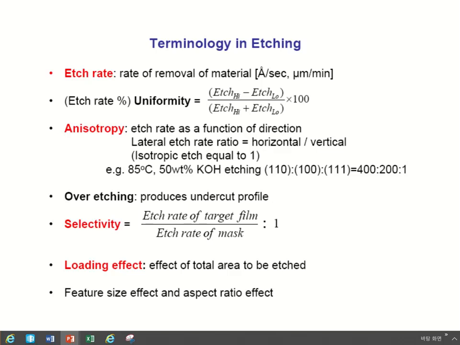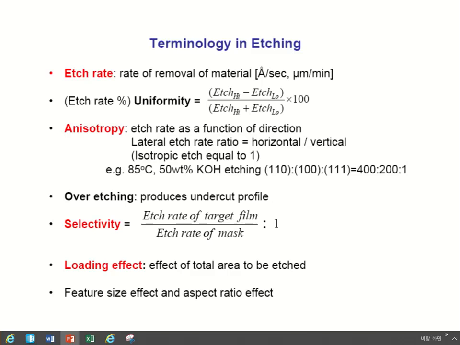Okay. Loading effects, effect of total area to be etched, because of the physical size of wafer, even though you put the whole wafer into some wet chemicals, probably some area in the middle is etched faster than around the edges.